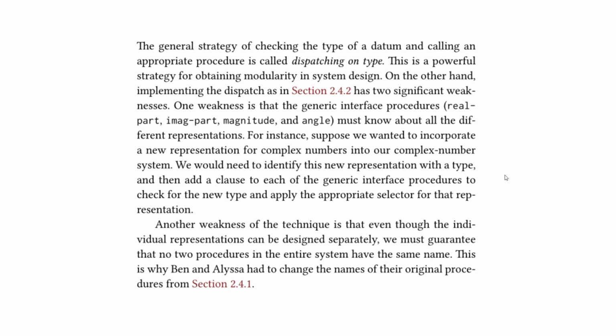So this chapter points out these two weaknesses, and in the previous section, it even talks about additivity, which is what this first paragraph is addressing: our system is not additive, and anytime we want to add something, we have to go update every single procedure. And so this section shows us a way to do dispatching that scales very nicely and is additive.